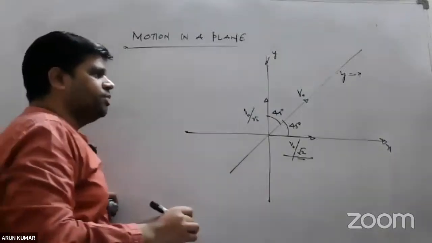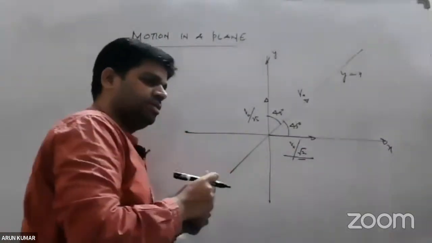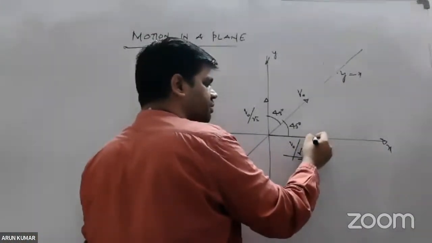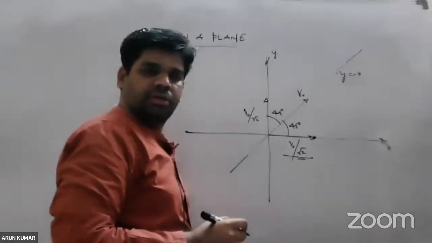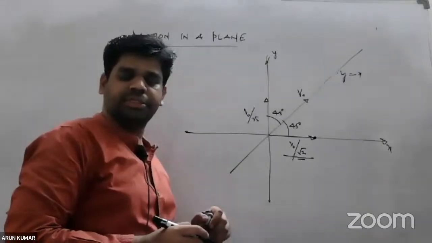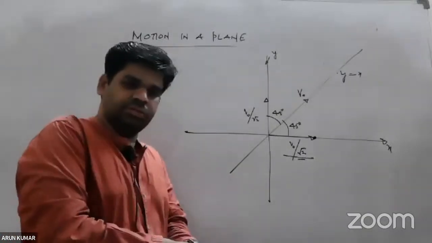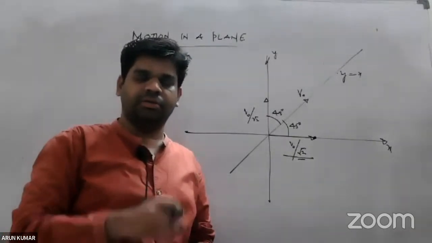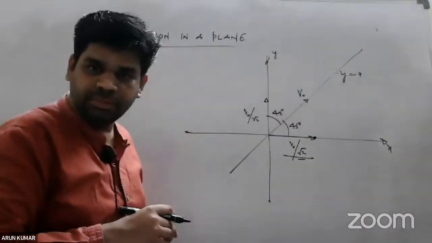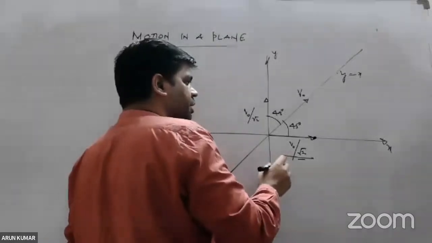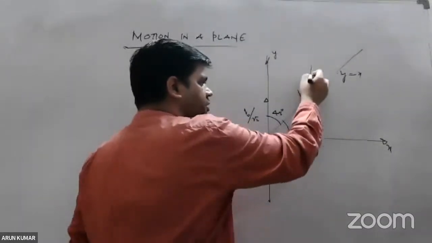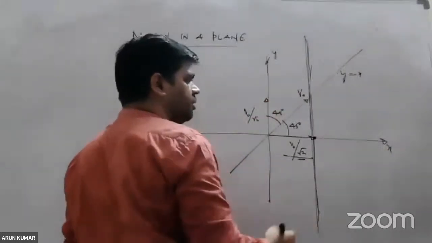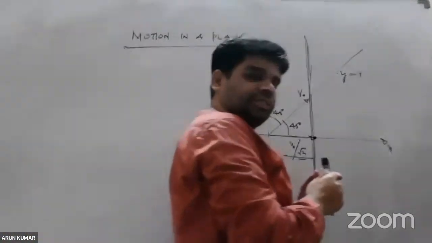Now, let's say this particle is holding a long stick, an infinitely long rod, and he's moving with velocity v naught by root 2 like this.